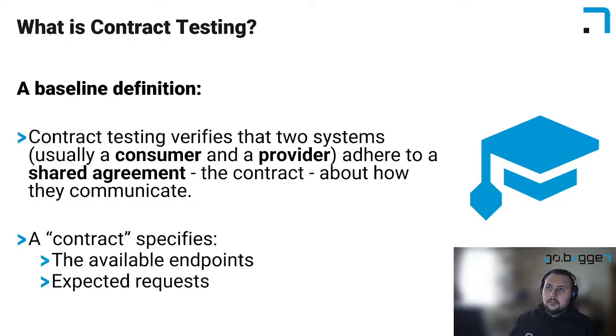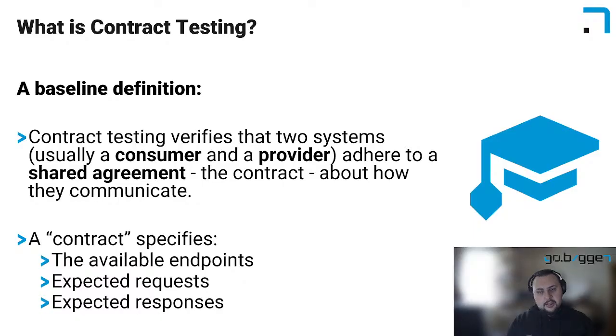For example, test/user, where we request all the user data. And then also we can write down the expected responses. So if we say test/user, that's our request, and the expected response shall be that we get a list of all users when we request it under this endpoint. That is what a basic contract is going to look like.